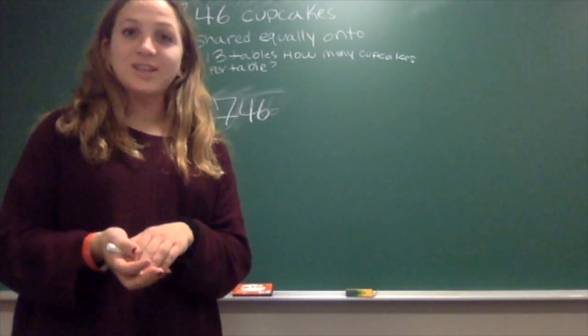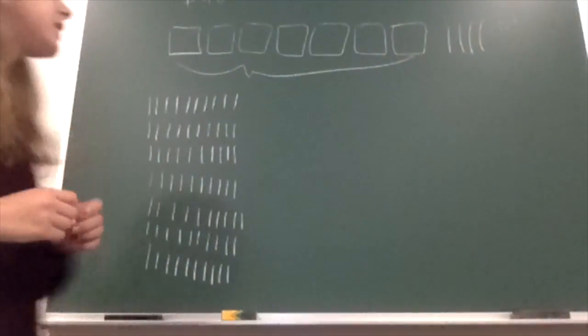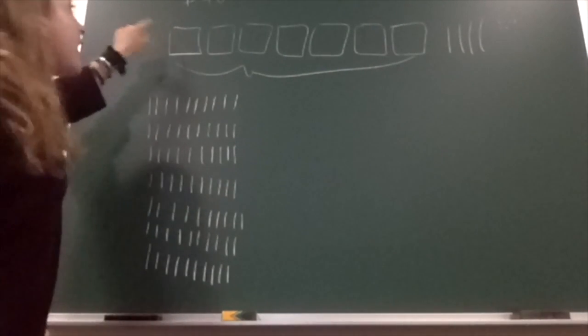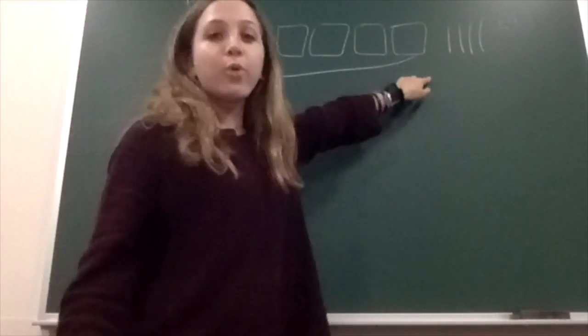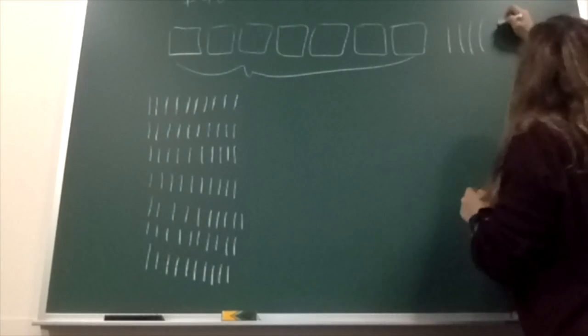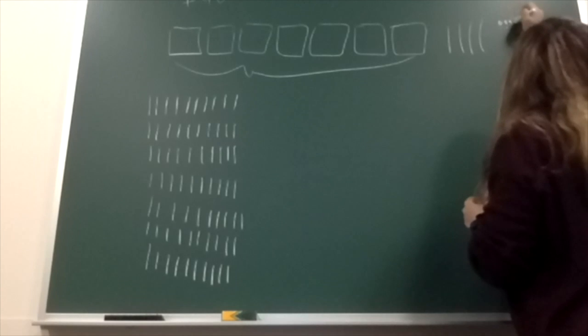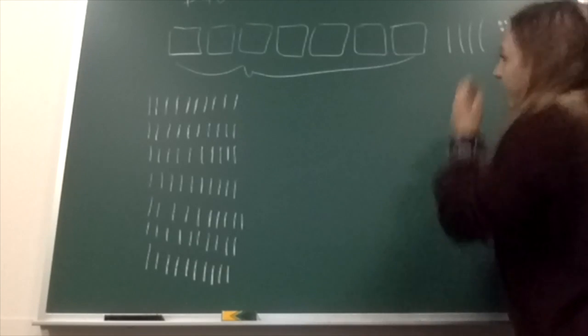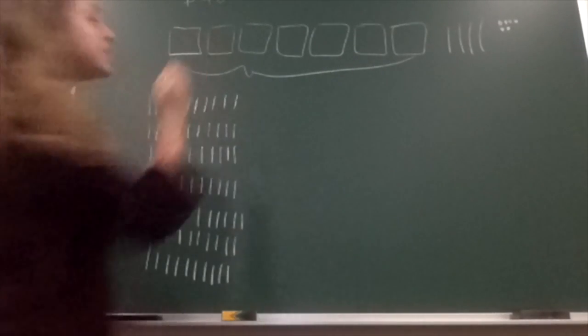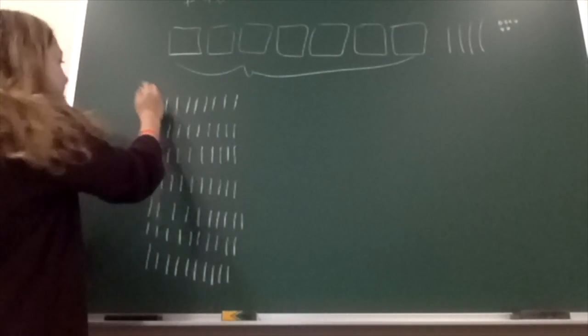Let's look at this using the base 10 blocks. So looking at the base 10 representation for 746, I have 7 flats, 4 longs, and 6 ones. I'm going to make it a little bit more clear. Now, we know that 700s can be regrouped into 70 tens.